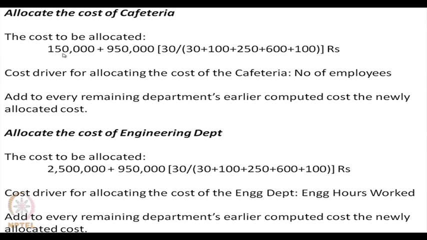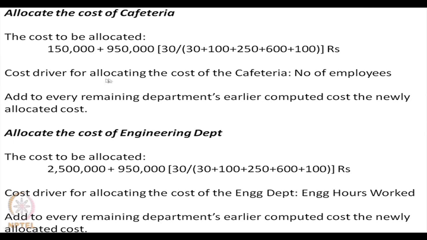For the cafeteria, the total cost becomes its own direct cost plus the cost allocated from the administrative department. Therefore, this is the total cost of cafeteria after administrative costs are allocated, and this is to be allocated to the other 4 remaining departments.